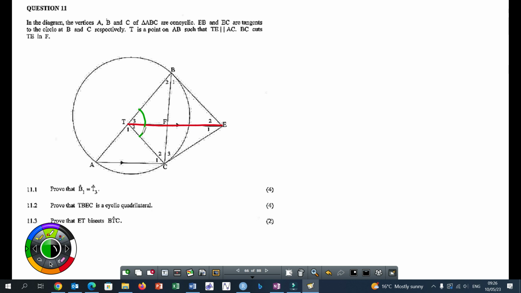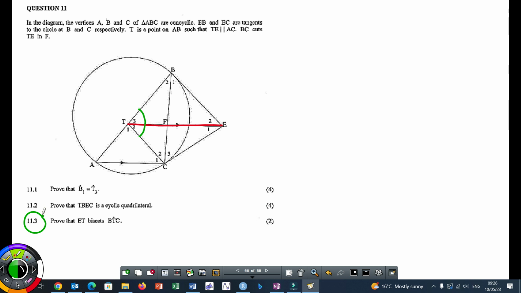If you want to prove that TE bisects angle BTC, we just have to prove that T2 is X. It's not that complicated, and it's 2 marks, which means you can do it as easily as possible.